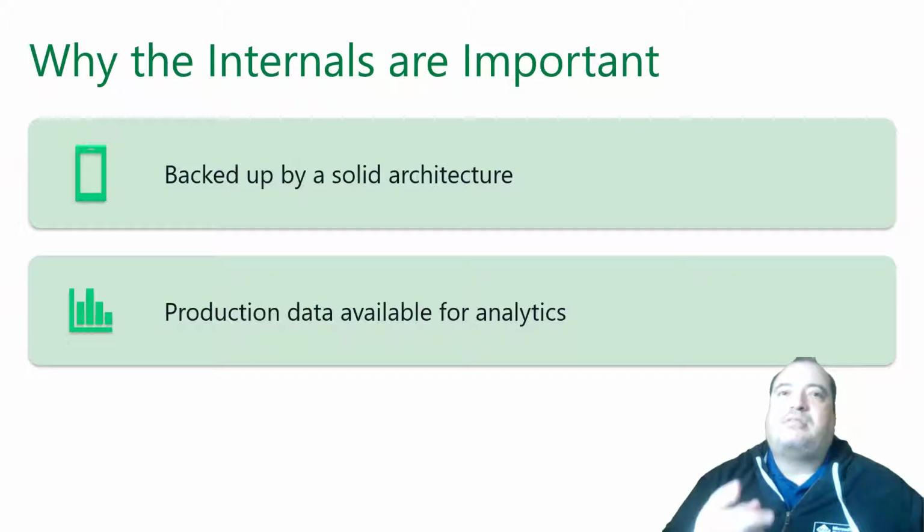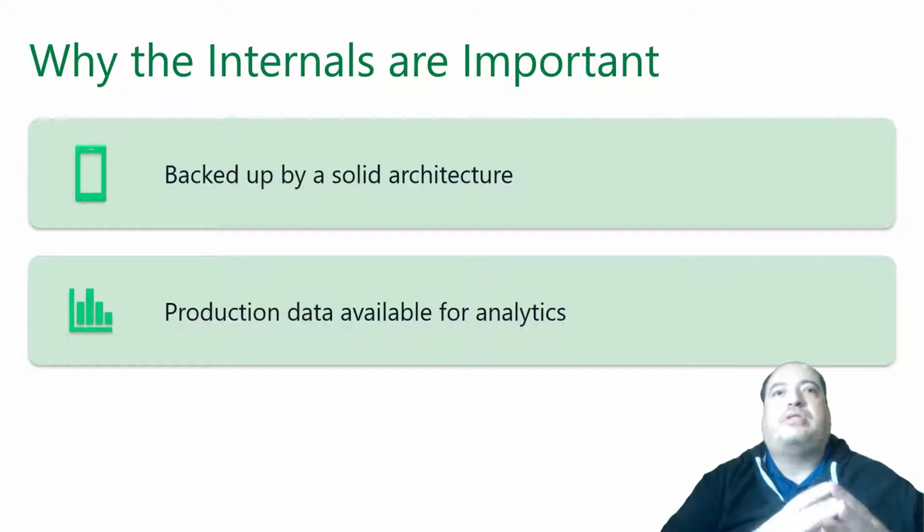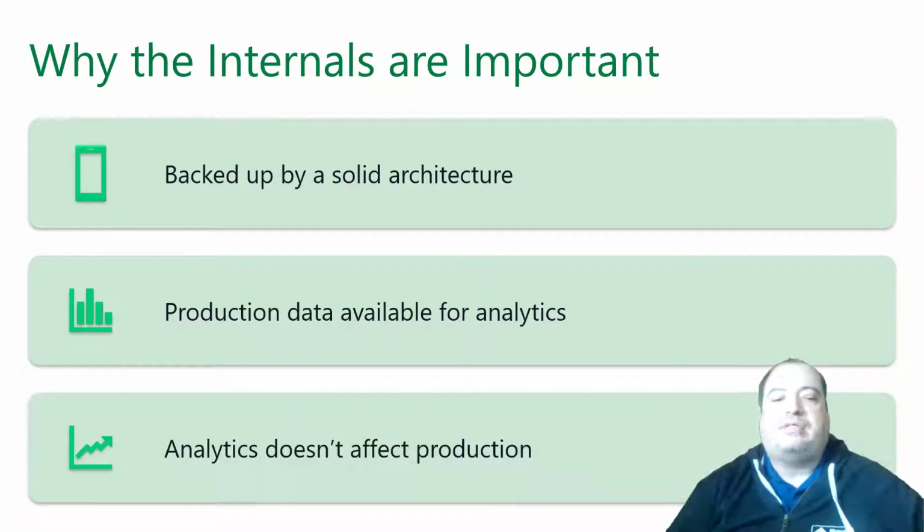Production data is available for analytics. So we have the production data in Azure SQL, and this data is immediately available for analytics, and analytics doesn't affect production. One of the bad practices when using Power BI is to try to connect Power BI directly to the production environment.